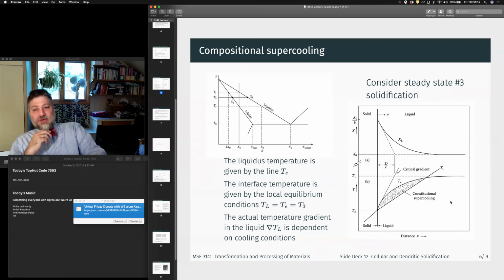I guess I was a little loose with my words for Wei's question. The shallower the gradient into the liquid is, the more dendrites you're going to get. So the greater your undercooling gradient, the more likely you are to transition from stable solid to dendrite.